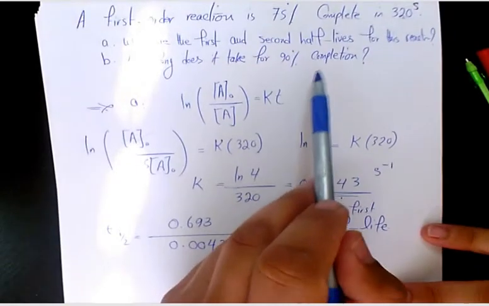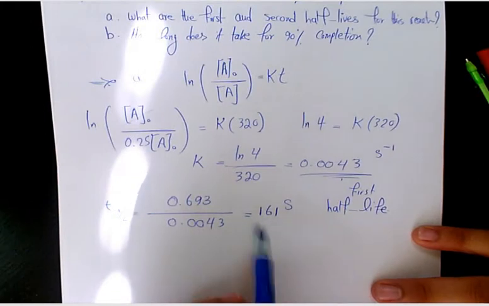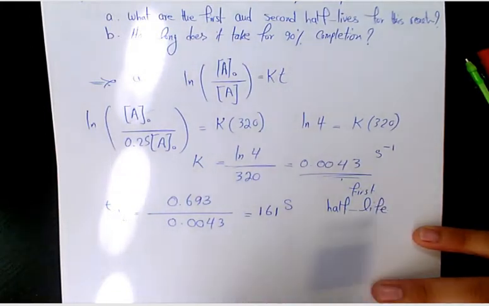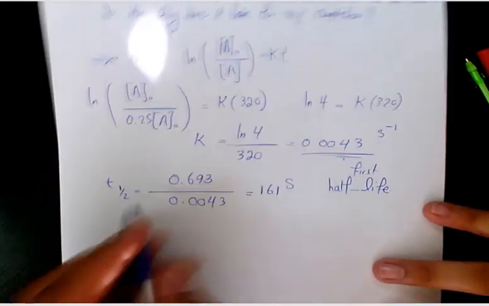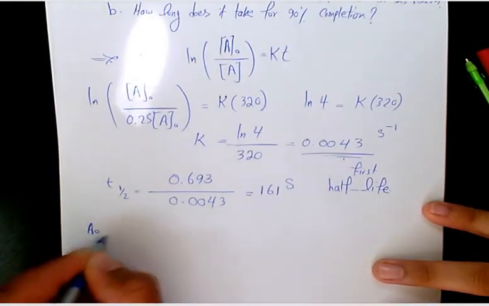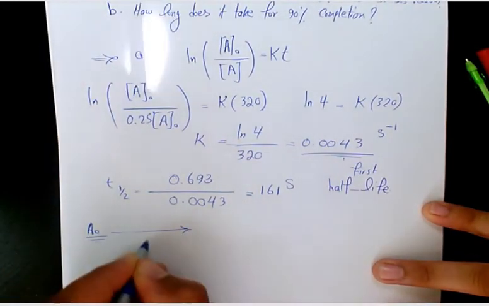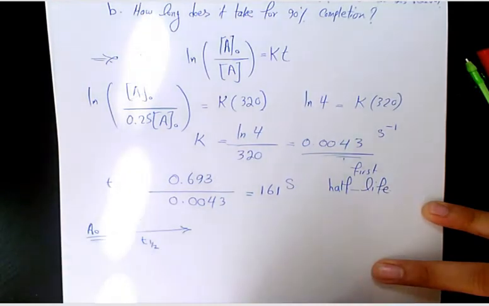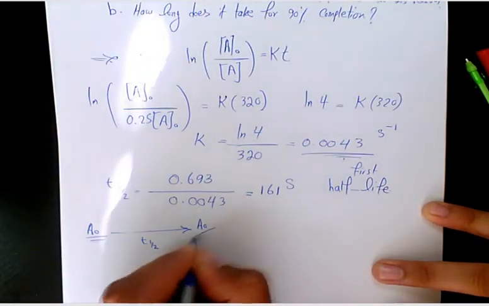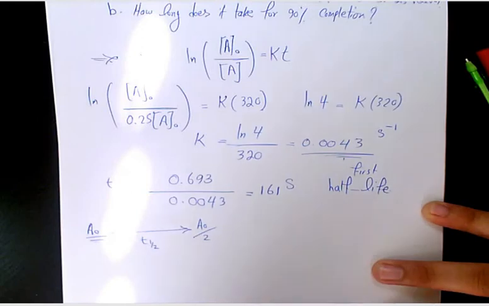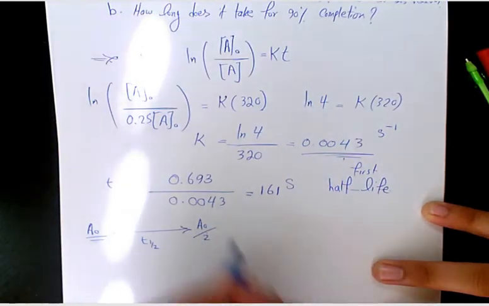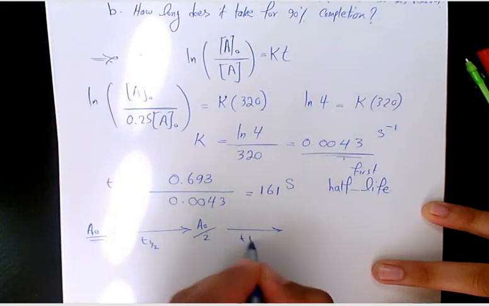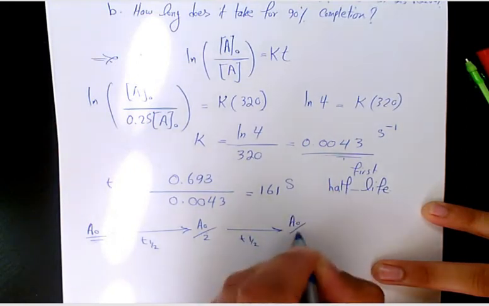Before I show you the second half-life, I want to show you how, without doing all this calculation, you can find out the half-life time. Whenever you have an initial concentration, after one half-life, 50% of the reaction is going to be complete and the concentration drops to half. After another one, it's going to be A naught over 4.